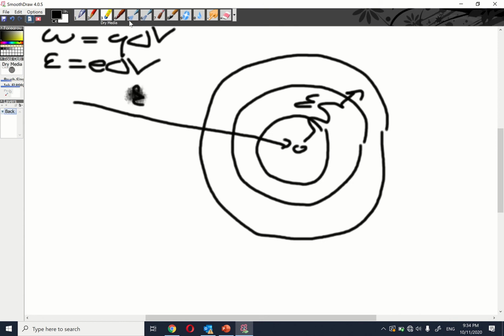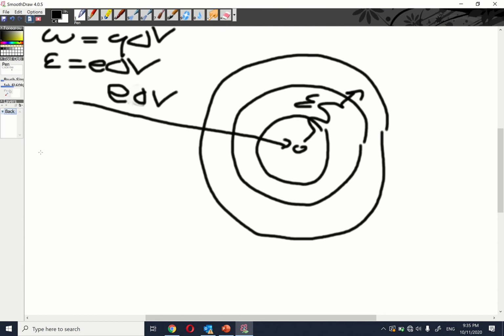So what you really have is eV, and this here will be the maximum kinetic energy of an X-ray photon.